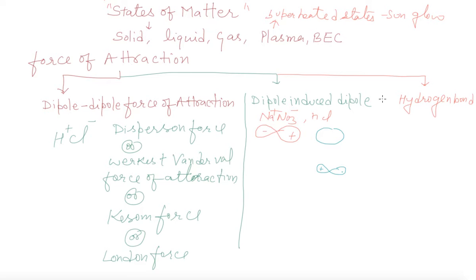Now the third force of attraction is hydrogen bond. Whenever hydrogen makes its bond with a highly electronegative atom like fluorine, oxygen or nitrogen, I simply tell the students, whenever hydrogen calls a phone, the spelling of my phone is FON, but there are actually three elements: fluorine, oxygen and nitrogen.